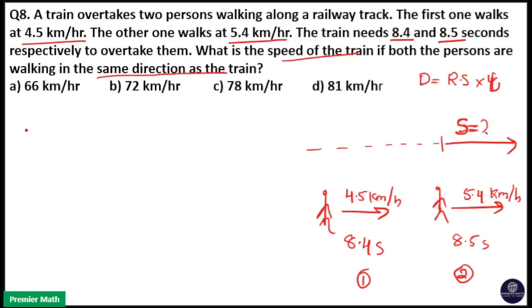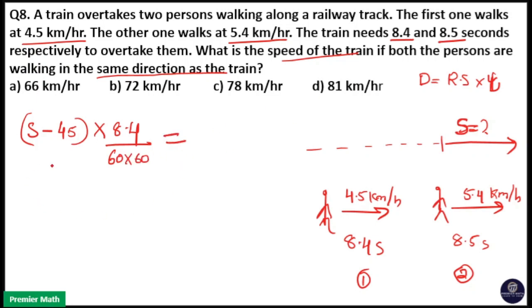Here in the first case, distance covered is equal to the speed of the train minus the speed of the first person, that is s minus 4.5, because both are moving in the same direction, into the time taken by the train to overtake the first person, which is 8.4 seconds. I will convert it into hours, 60 into 60, because the answer is in kilometers per hour.